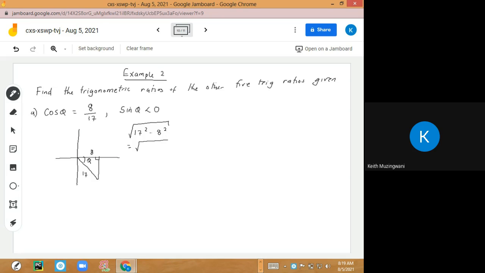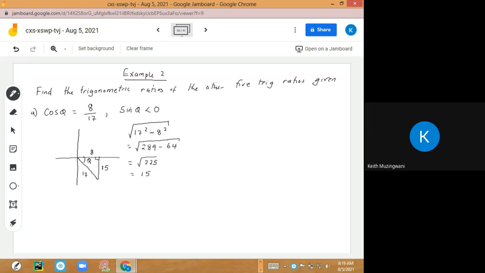What is 17 squared? 289 minus 64. Okay, so it will be 225. The answer is 15.